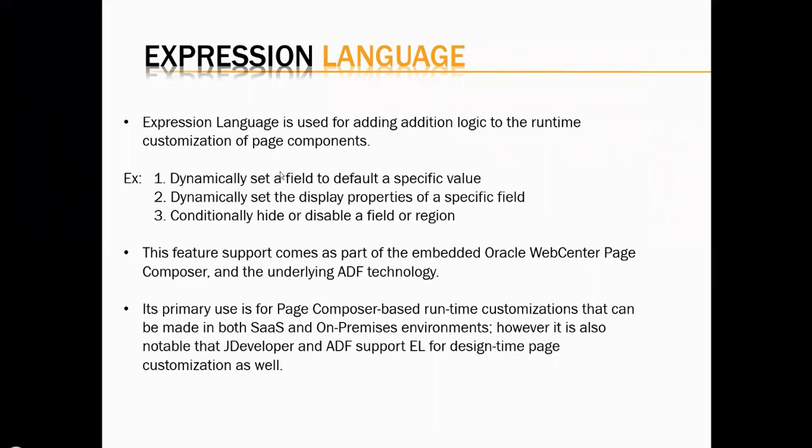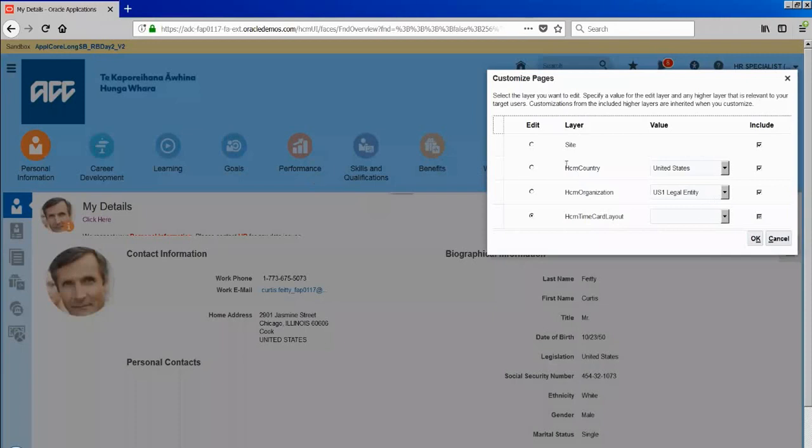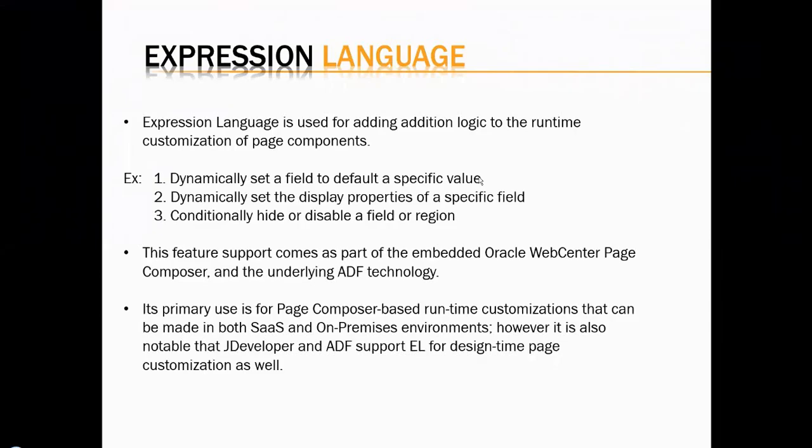Okay, we can dynamically set a field to a default specific value, and dynamically set the display properties of a specific field, right? As I was saying, if you wanted to change the last name to required in the United States, then you can dynamically set the display properties of a specific field, and conditionally hide or disable a field or region. Okay, as I was saying in the comments or success criteria buttons, if it is employee, disable it.